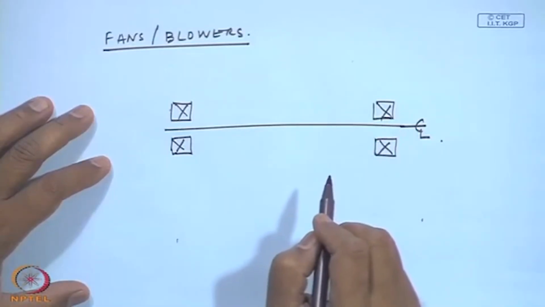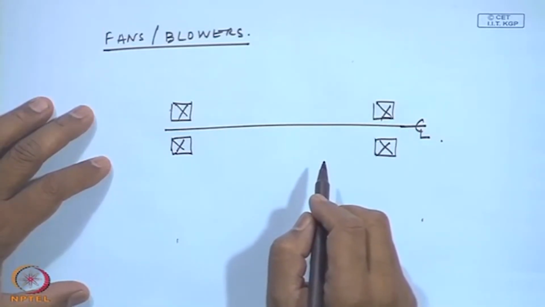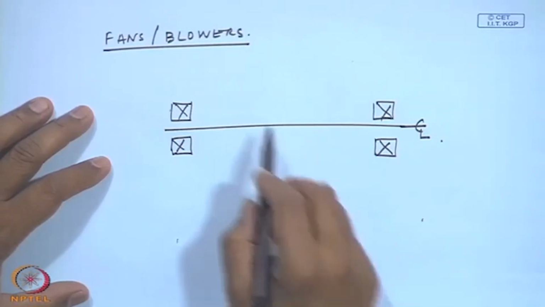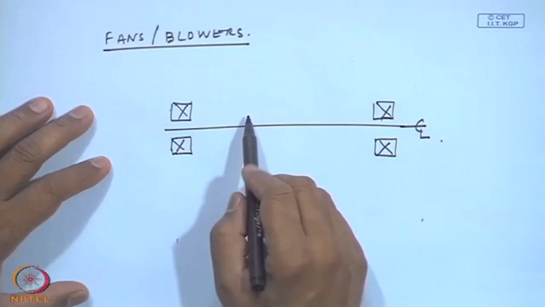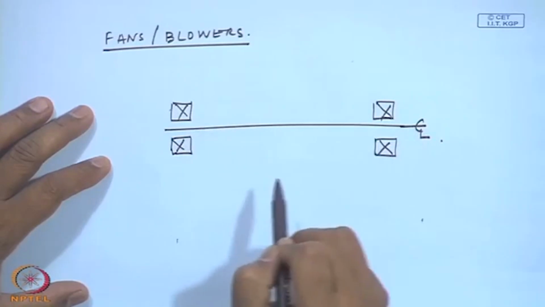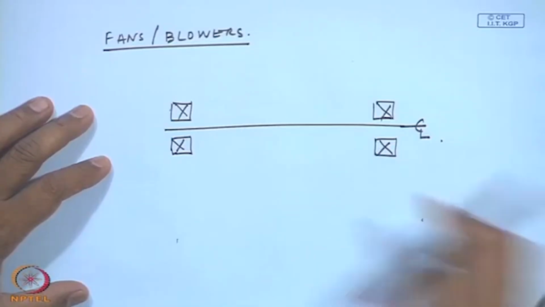Now, imagine if this was not in the center line, and there was a slight offset.